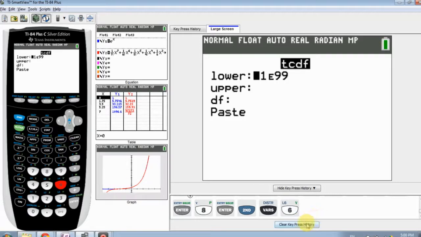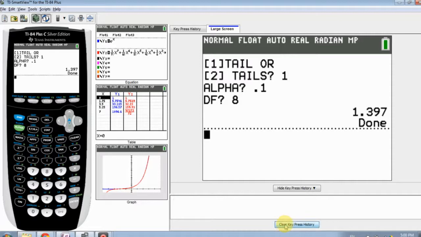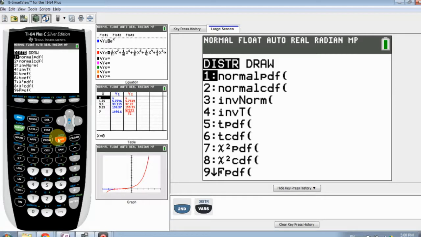Let me start over again. TCDF, second vars. TCDF is number 6.